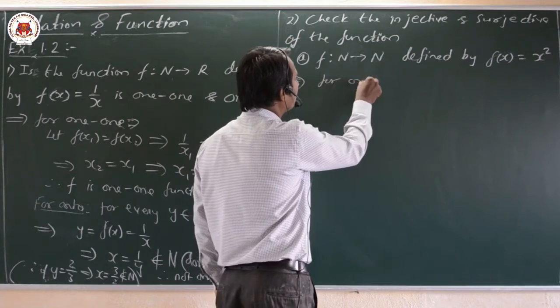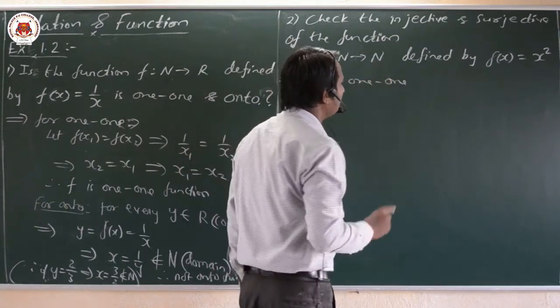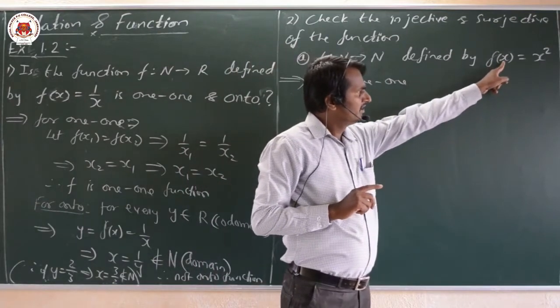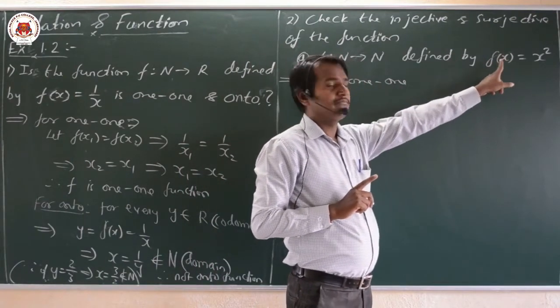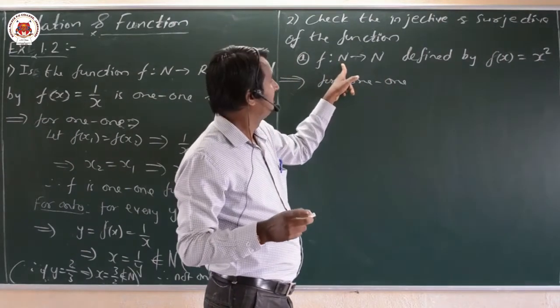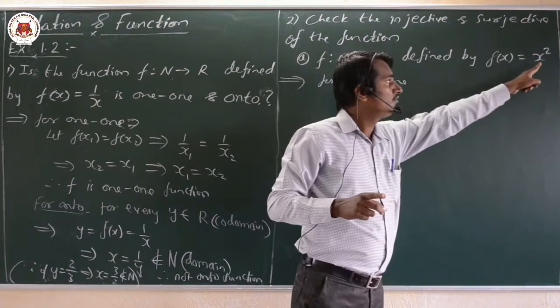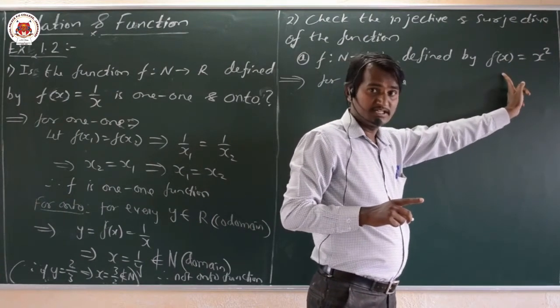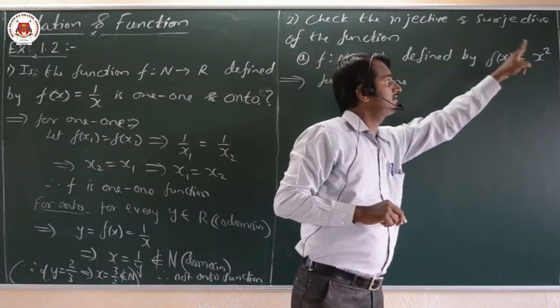For one-one function, we may observe that this x is only a natural number. Here we can observe that the domain is nothing but only natural numbers. And the codomain values are y equal to x square here. F of x means y, that is nothing but the codomain values, which are x square.